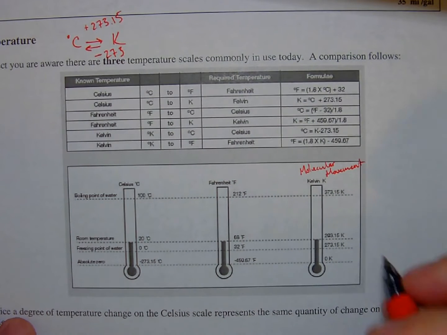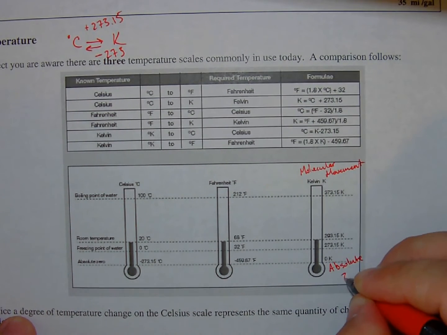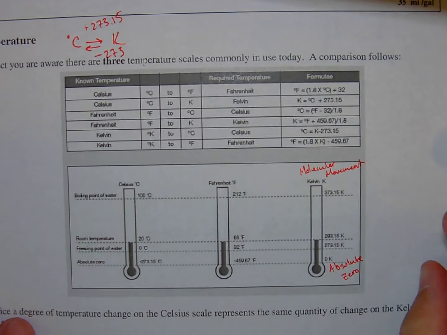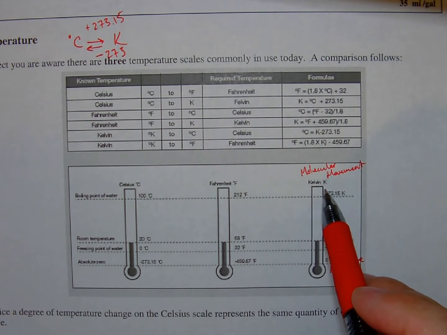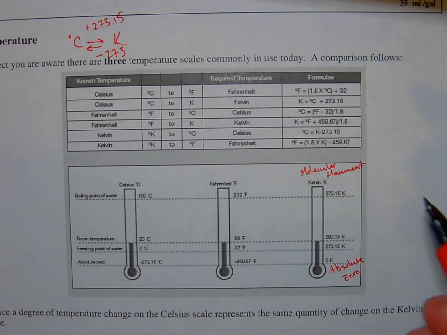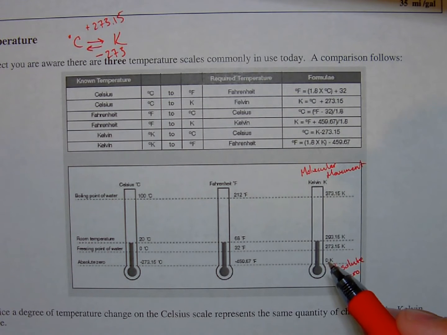So 0 K, which is also known as absolute zero, is the temperature at which there is absolutely no movement. The Kelvin scale is designed to measure movement. So when there's no movement, it's 0 K. It's absolute zero. You can't have any less motion than still.